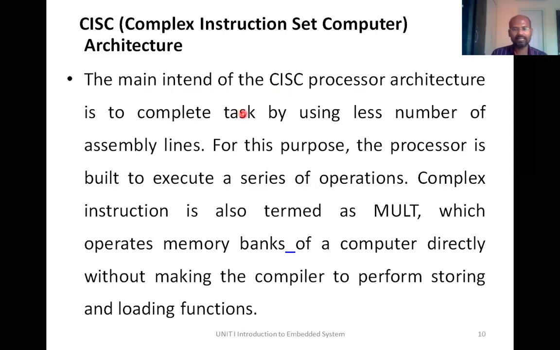But that is not the case with RISC, because all the operations except load and store cannot access the memory, right? So we have to write something like load R1 A, load R2 B, add R1 R2 R3, and store R3 to that location.